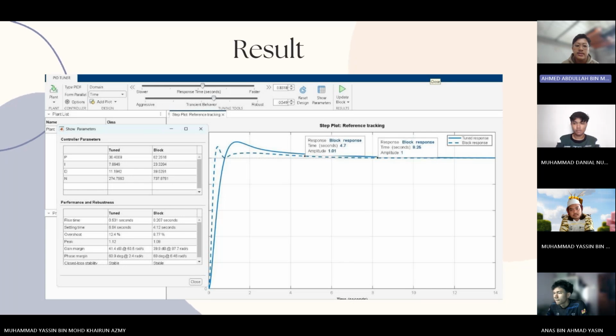This task demonstrates the effectiveness of the PID controller in shaping the dynamic response of a system and emphasizes the importance of proper tuning to achieve the desired performance. Okay, next slide.